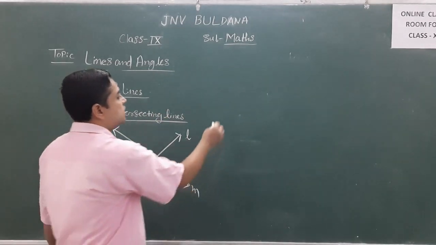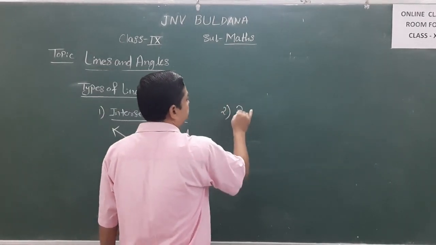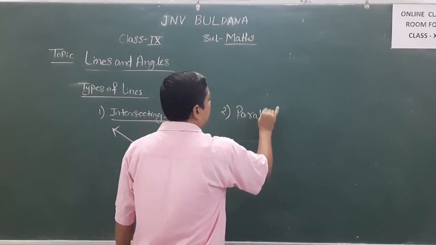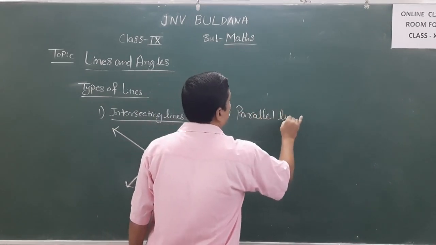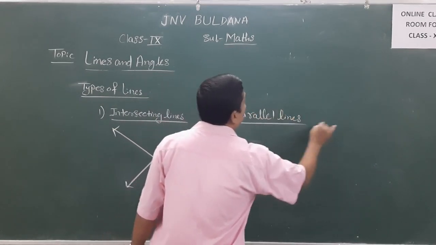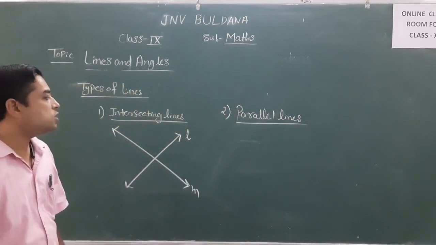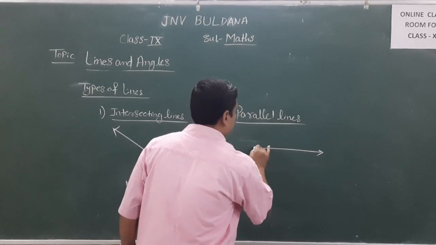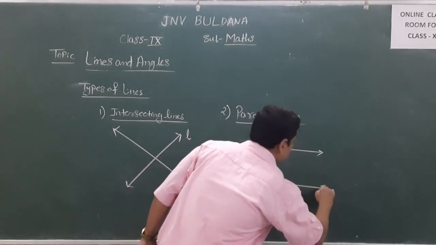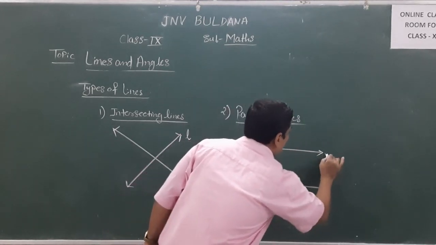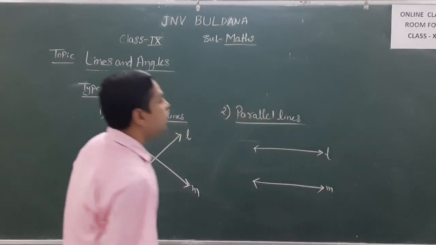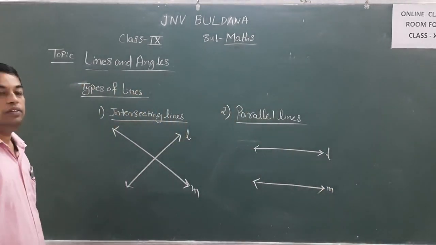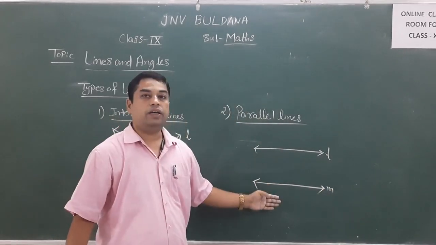Second type of lines are parallel lines. Parallel lines are such type of lines that if we extend on either side, they will never intersect each other. They are just like a railway track.